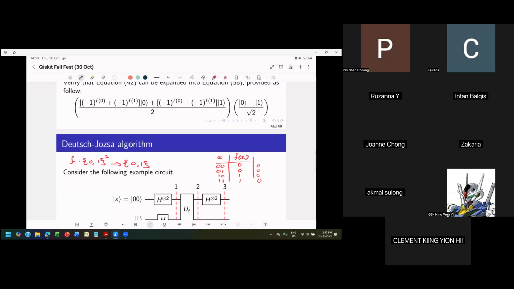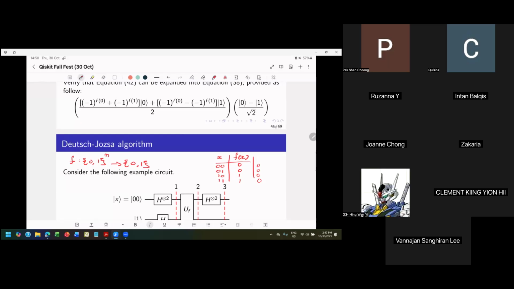In general, if I have n input, how many times should I call the function for a classical algorithm? So now if this is n, how many times should I call the function? N over 2. N over 2 plus 1.